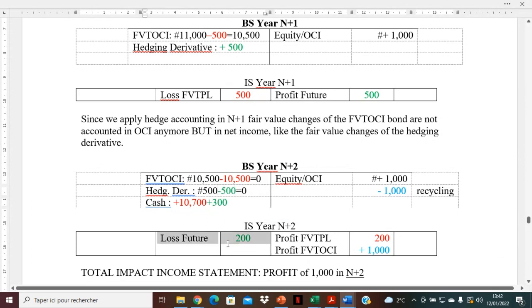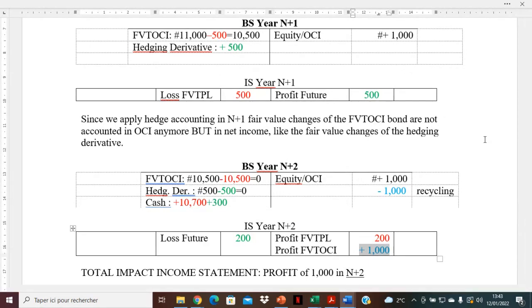That means there will be a loss regarding the future of 200. Of course, the gain and the loss of the sale compensate each other. And last but not least, the gain that I had in OCI is recycled in the income statement. So the final impact on my income statement in N plus 2 will be 1,000.